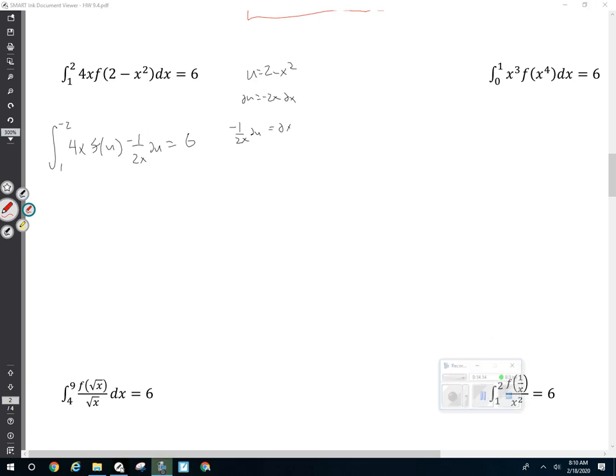I have some other questions to ask. The x's cancel. 4 divided by negative 2, negative 2. So this is 1 to negative 2 of negative 2 f of u du equals 6. I'm going to divide by negative 2.